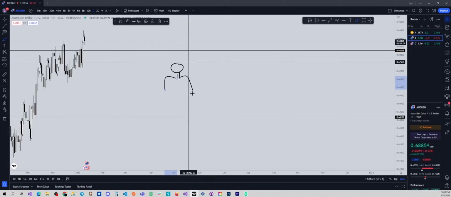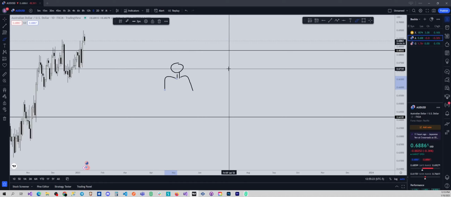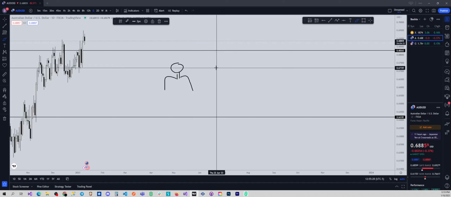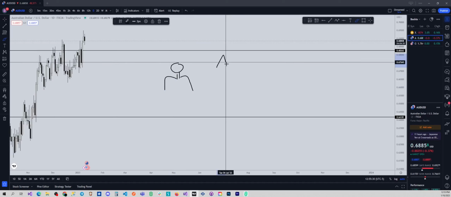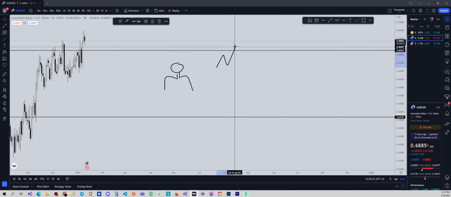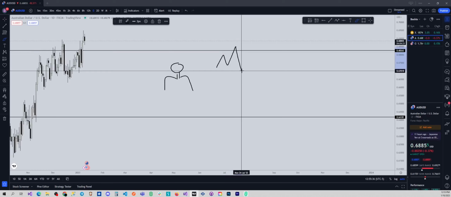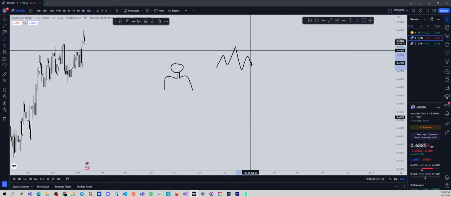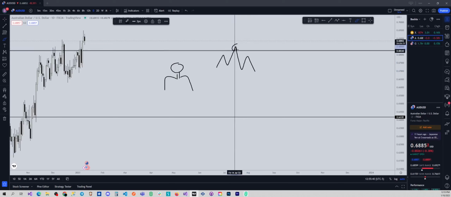It's the same with price. Sometimes you'll see price get to a level and form some kind of head and shoulders pattern. You'll see price probably wick above or candle close above, and then close below again. You'll see something like this. This is the head right here, and you've got the two shoulders right over here.